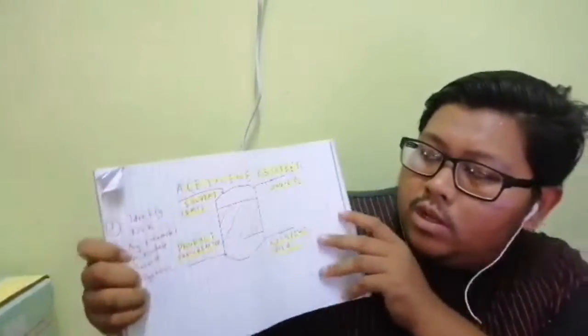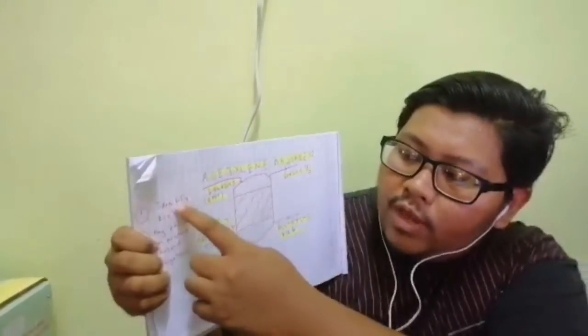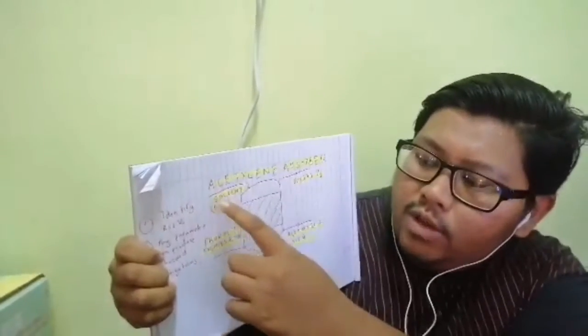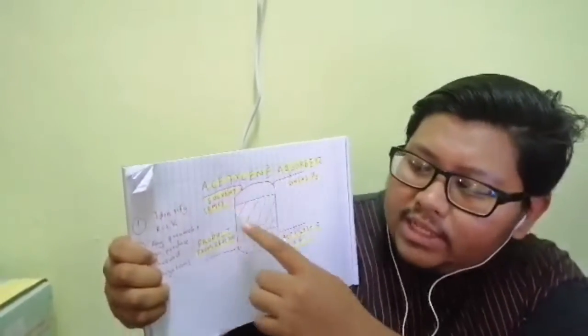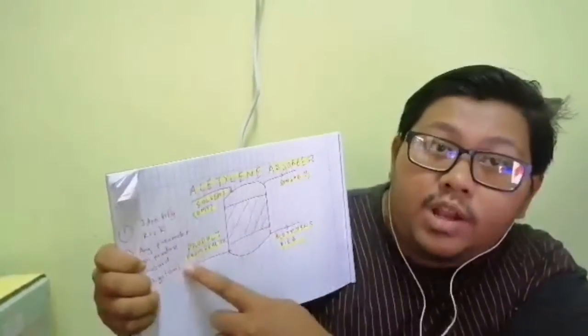For this plant, we chose the acetylene absorber as one of our focuses of study. As you can see here, the acetylene absorber consists of an inlet of solvent. The selected solvent will absorb the acetylene itself, a product from the reactant burner.